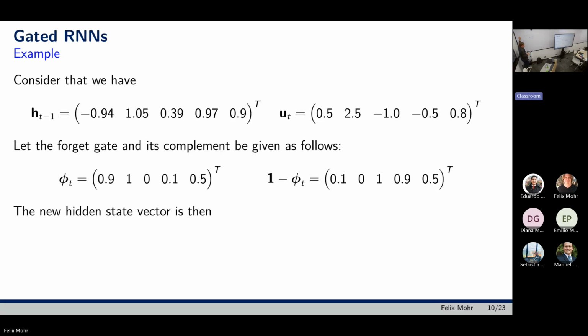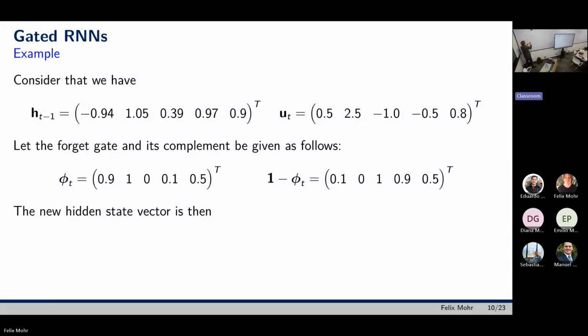Okay, so how would the computation be? What we need is to apply the forget gate. So we need this and the Hadamard product with the previous value, and then we add one minus the forget gate and the Hadamard product with the update. Now, what are these vectors here? Here we have 0.9 times minus 0.94.